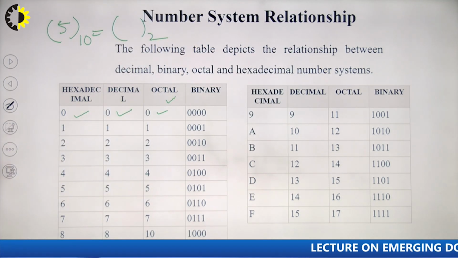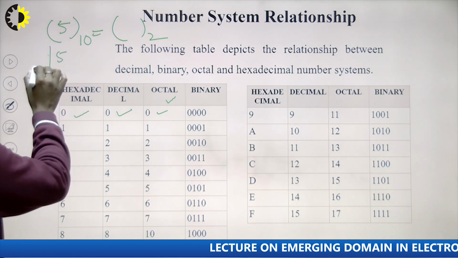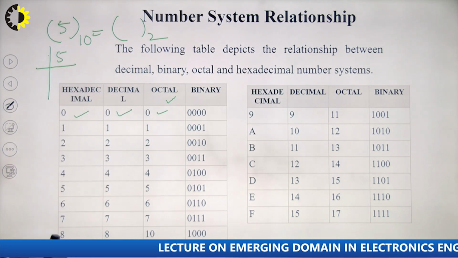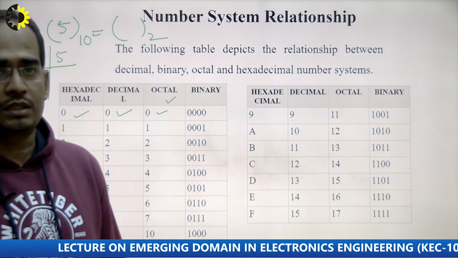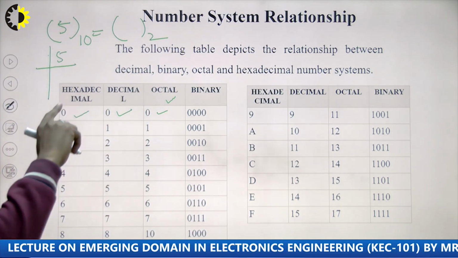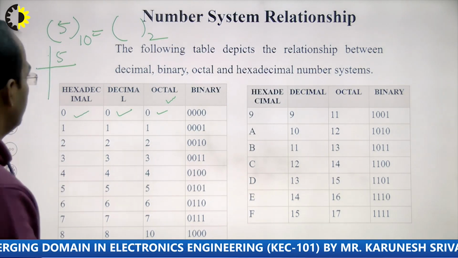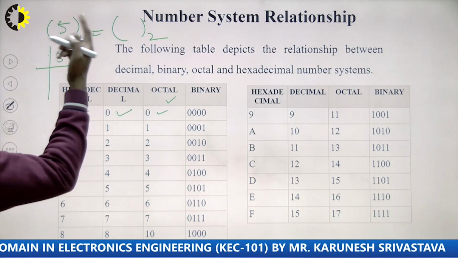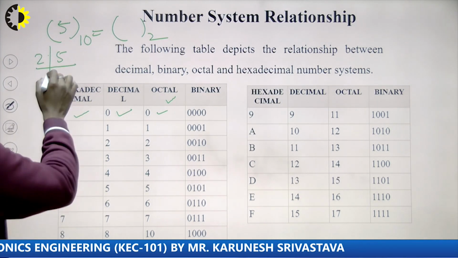If you want to convert the base 10 decimal number system into any base number system, you have to divide by the base in which you want to convert. Here I want to convert this decimal number into binary, so I will divide by 2.